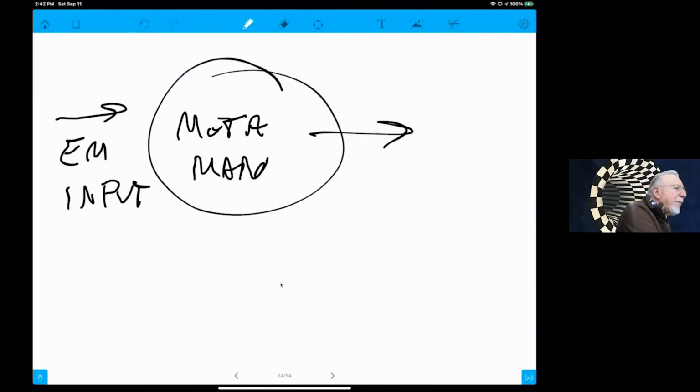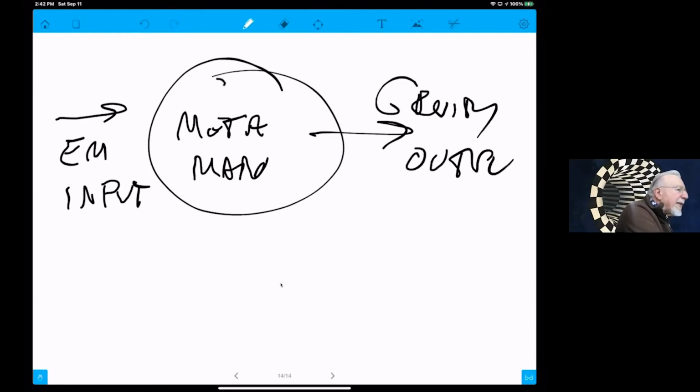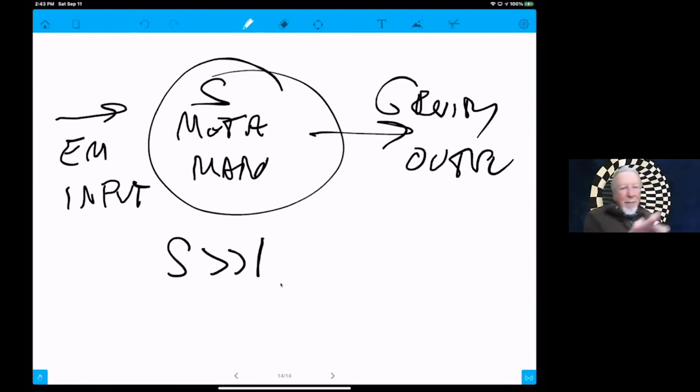And I have a gravity output. The metamaterial has an S field, and basically when the S field gets big, well, I'm not going to say infinity, I'll just say when S... I haven't included all the imaginary parts.